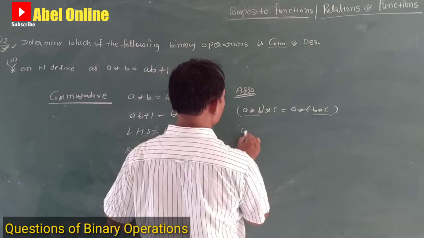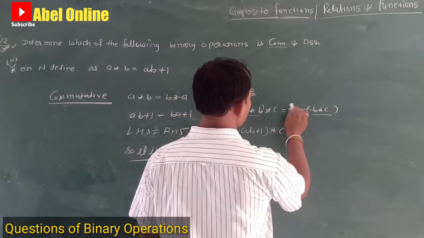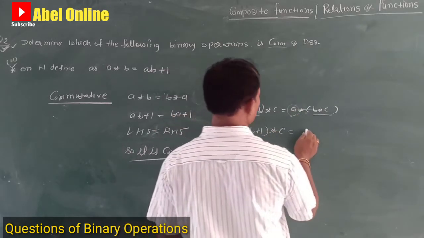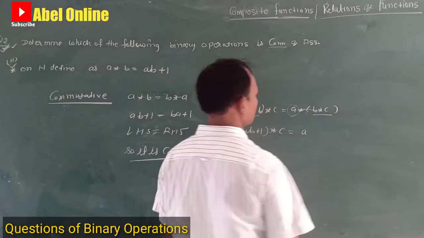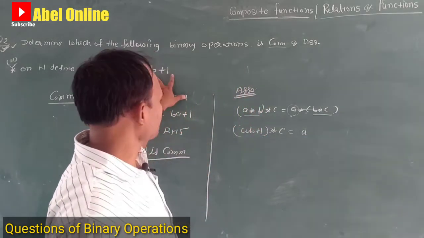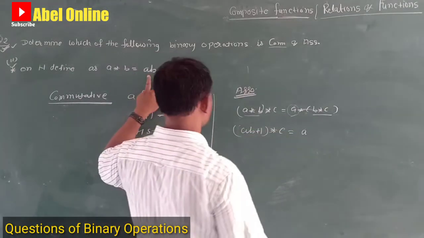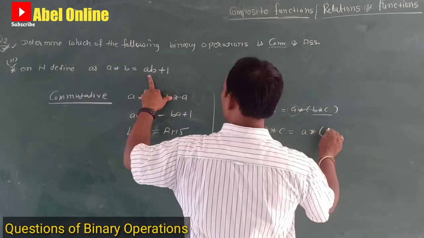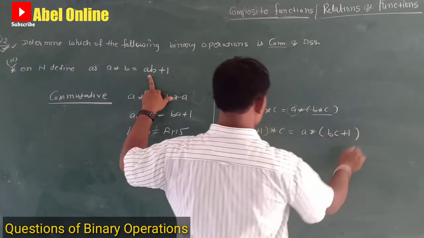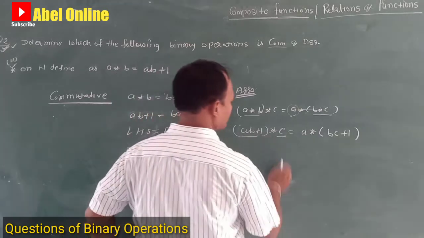(a star b) star c means (ab plus 1) star c. A star b means ab plus 1, and star with c. Now this is the value of a and this is the value of b.